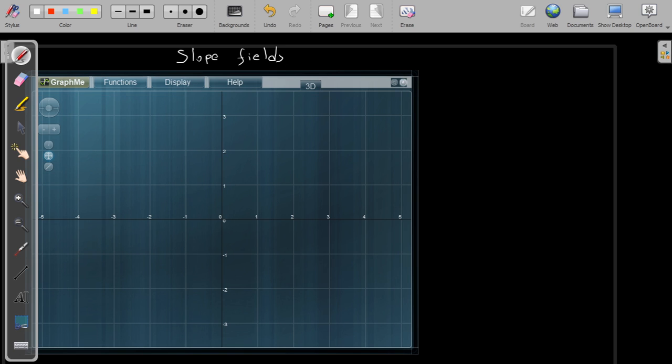Now, let's say we have this differential equation dy over dx is equal to x plus y.